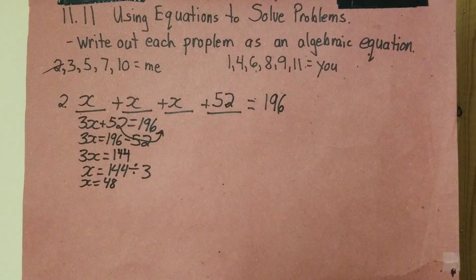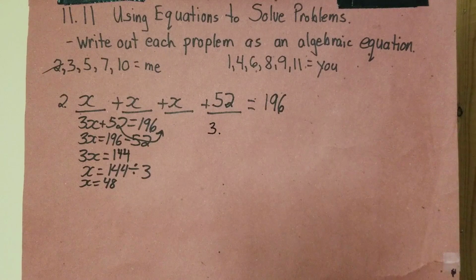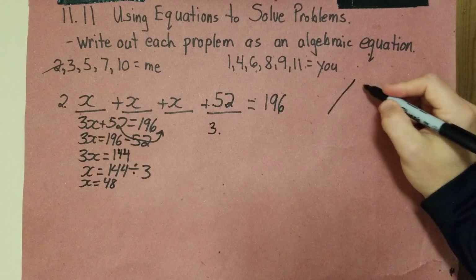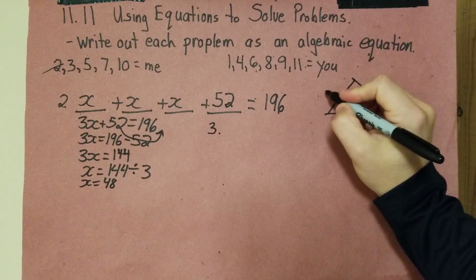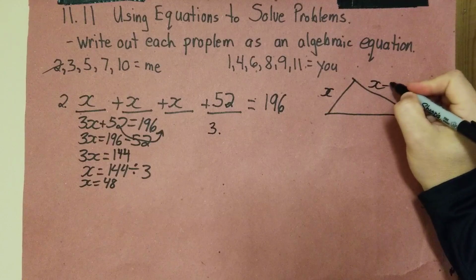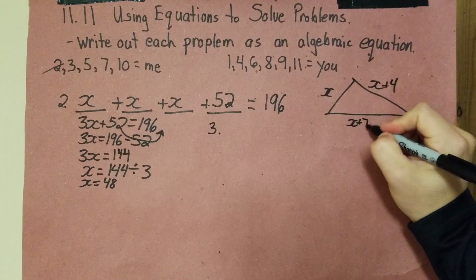Let's see if I can fit it over here. Number 3. Number 3 has, I can draw a picture. It's identical. So this is x plus 4, and this is x plus 7.